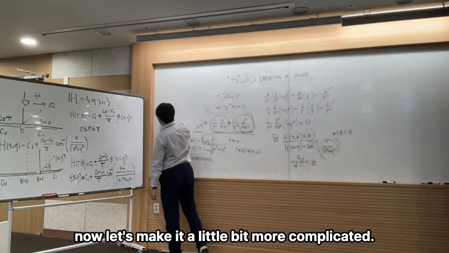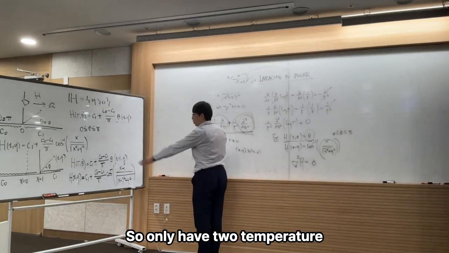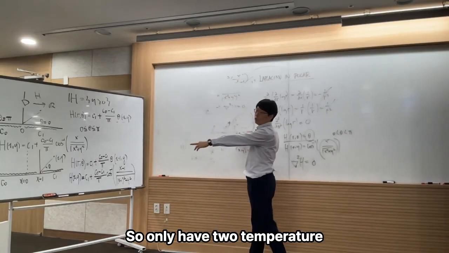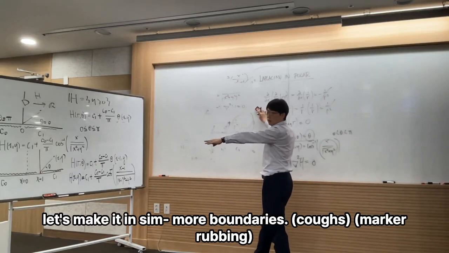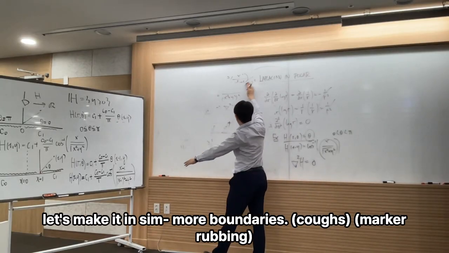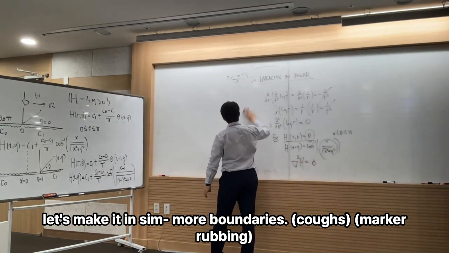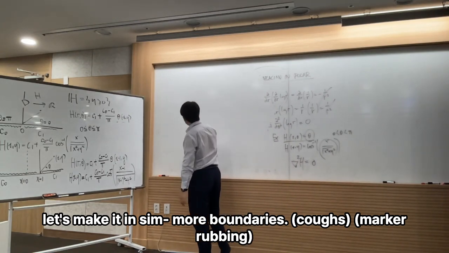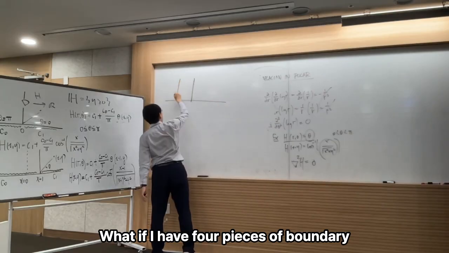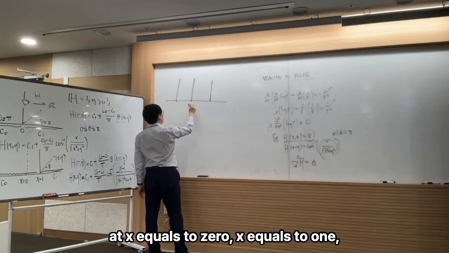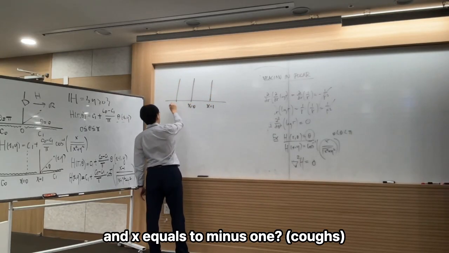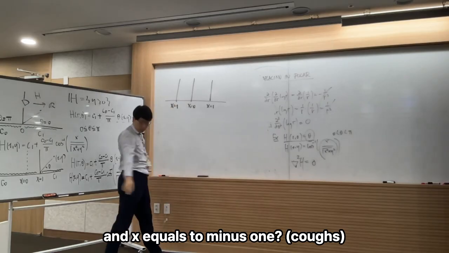Now let's make it a little bit more complicated. So far we only have 2 temperatures and 2 pieces of boundary. Let's make it more boundaries. What if I have 4 pieces of boundary at x equals 0, x equals 1, and x equals minus 1?